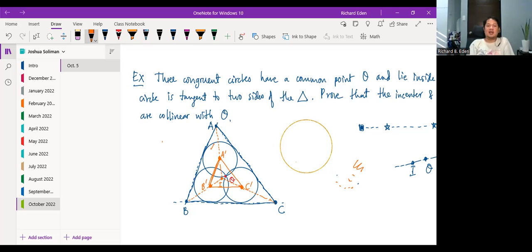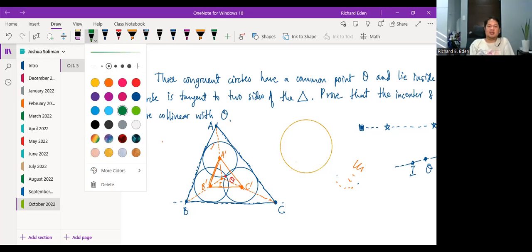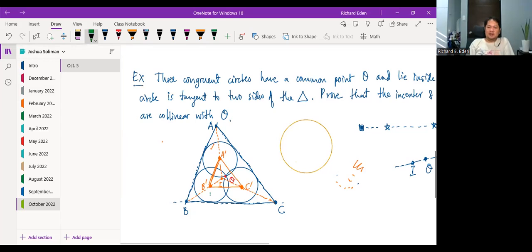Yeah, actually we can also see that because this is the radius, and this is also equal to the radius. So B prime and C prime have the same distance from line BC.